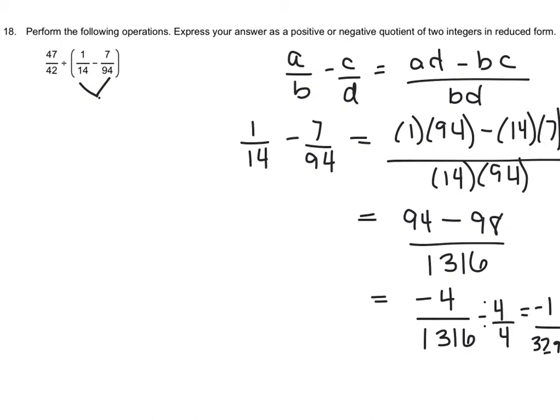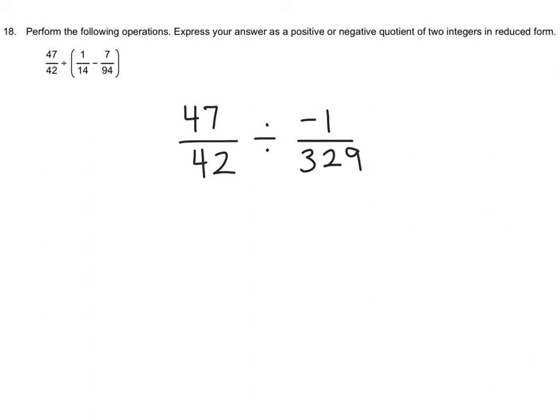So when I subtract 1/14 minus 7/94, I get -1 over 329. Now that I've subtracted those two fractions, I can divide. Now my problem is 47 over 42 divided by negative 1 over 329.